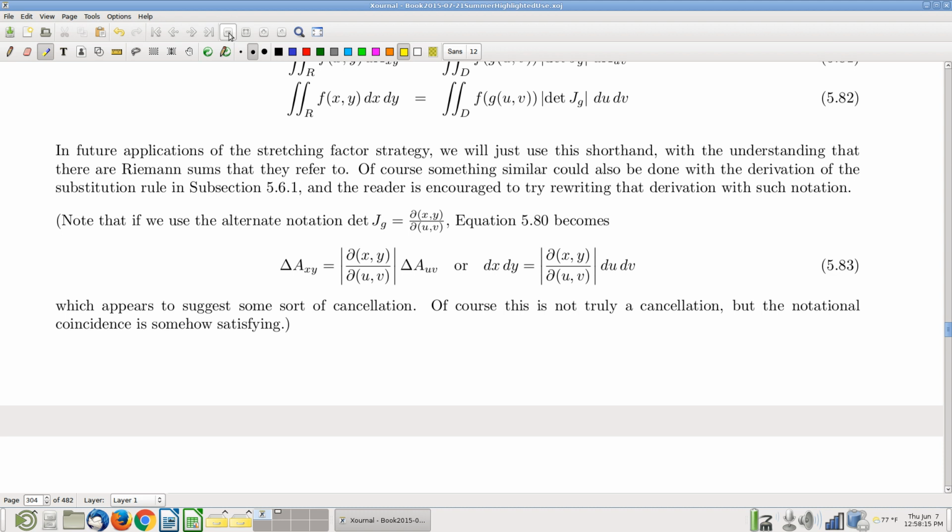So that fraction-like notation turns out to be super convenient for the stretching factor, where you've got to take the absolute value of the determinant of the Jacobian. When you use that notation, it's almost as if these cancel.